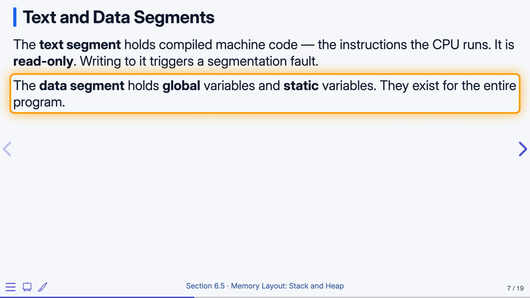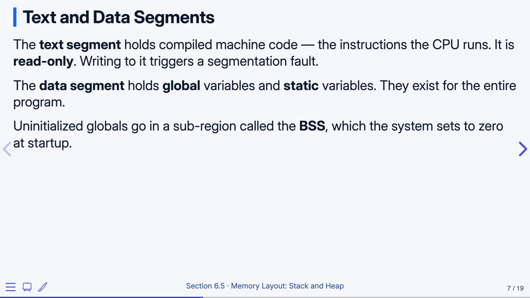The data segment holds global variables, declared outside all functions, and static variables, declared with the static keyword inside functions. These exist for the entire lifetime of the program. Uninitialized globals go in a special subregion called the BSS, which the system sets to 0 when the program starts.